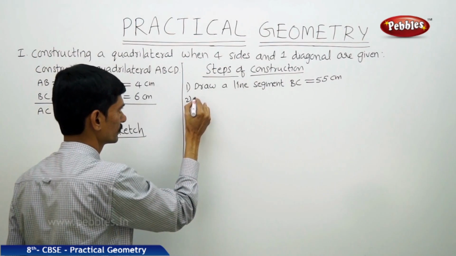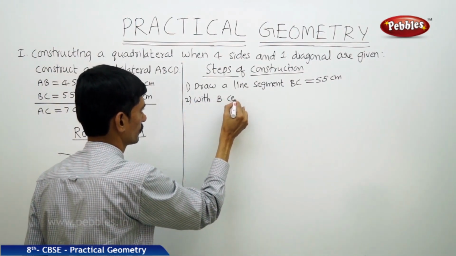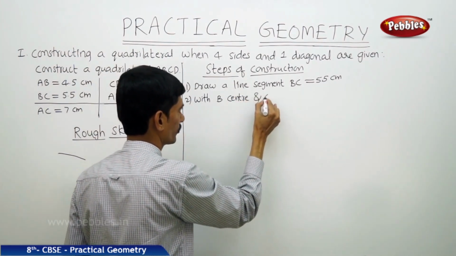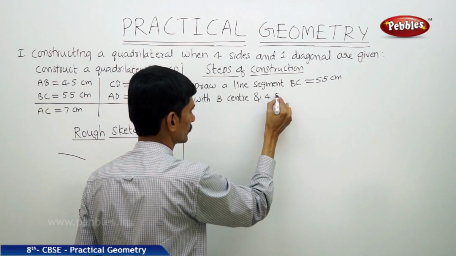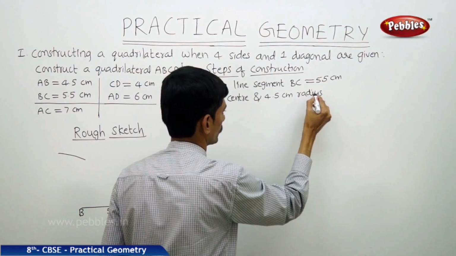With B as center and 4.5 centimeters radius, draw an arc.